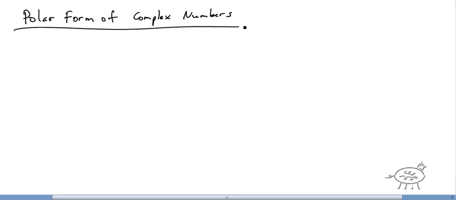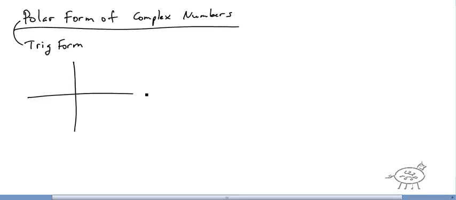All right, so we'll make a comparison between polar form and rectangular form in a second. But polar form is sometimes called trig form also. It's kind of one and the same. So if we look at our axis, we usually have our x and y axis.